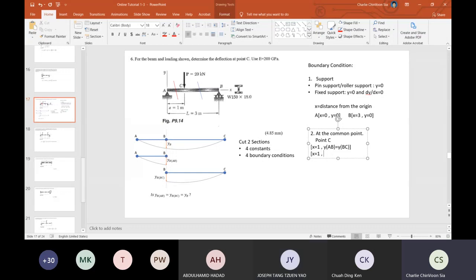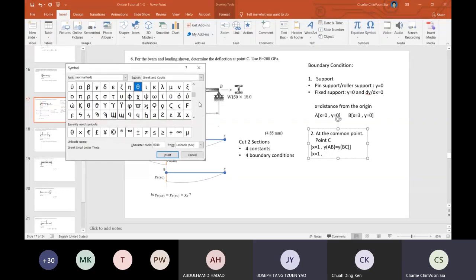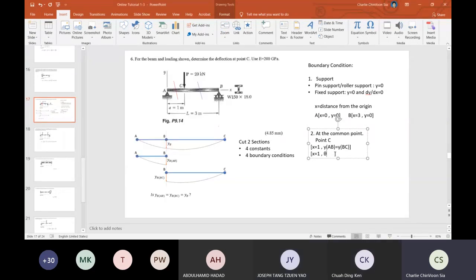same thing with the slope. I use the slope symbol. The slope for AB equals the slope for BC as well. Same, because we only have one point. At that particular point B we only have one slope.